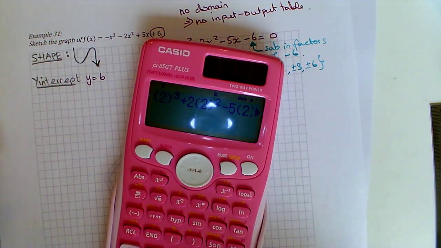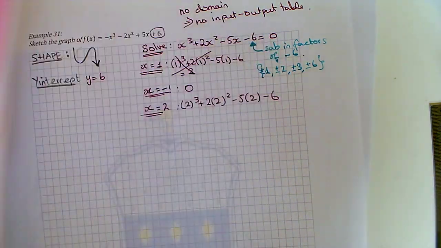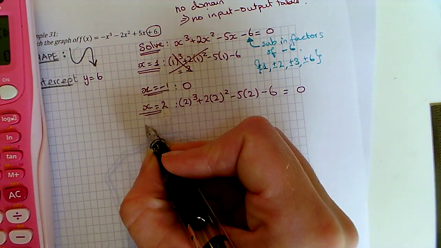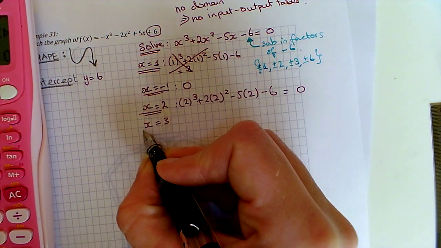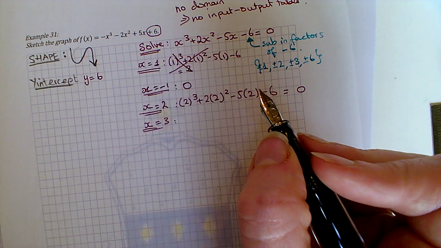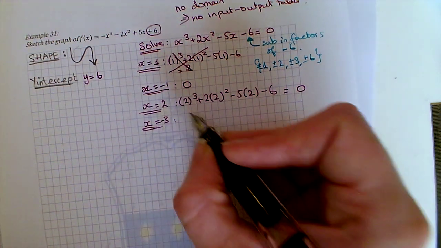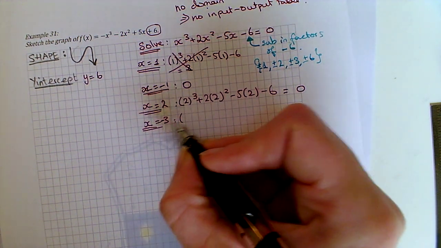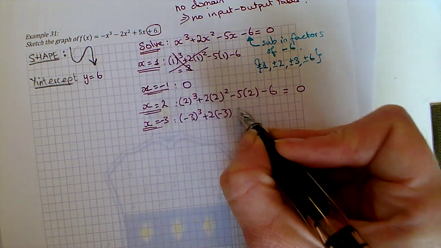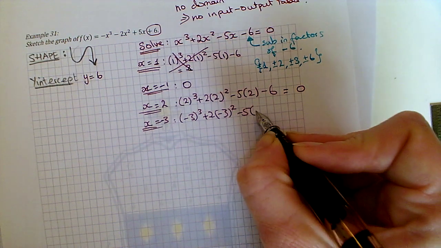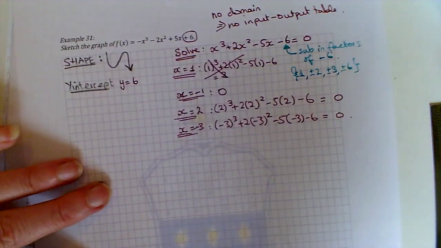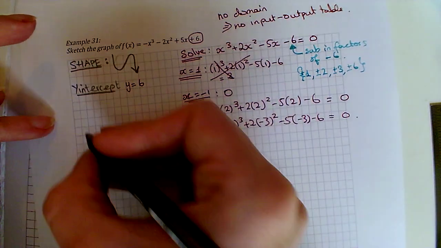And we get 0. And we can be lucky, and they might all be integer solutions. And I'm just going to tell you the last one is minus 3. So minus 3 cubed plus 2 by minus 3 squared minus 5 by minus 3 minus 6 also gives us 0.